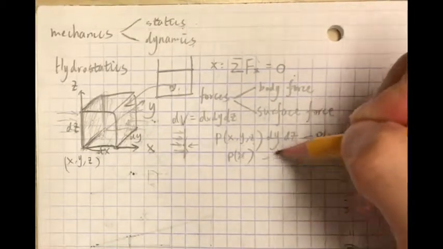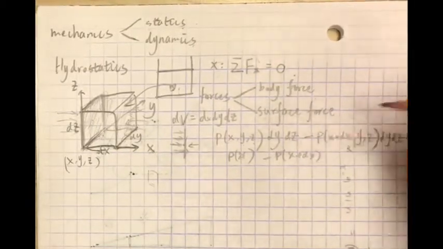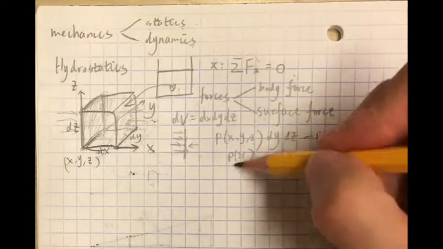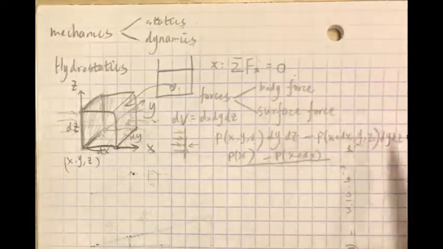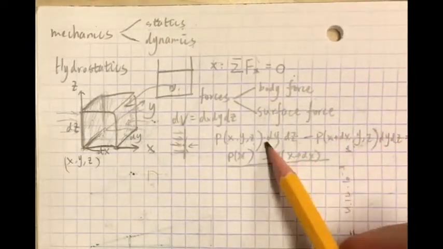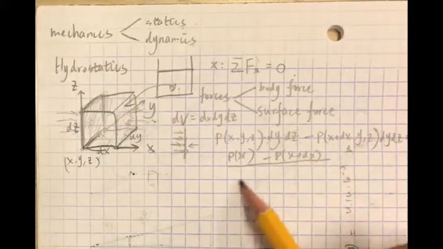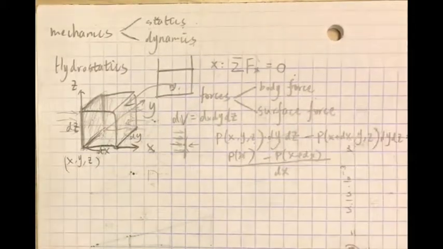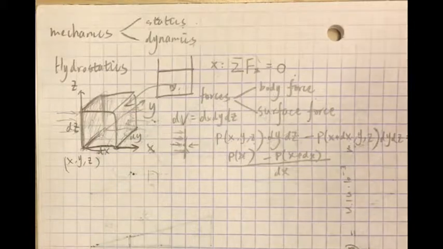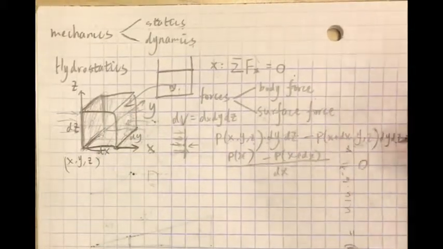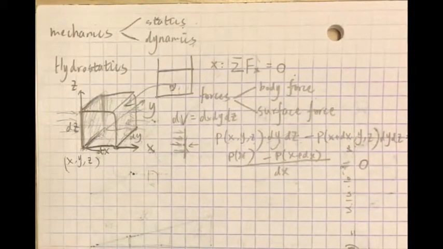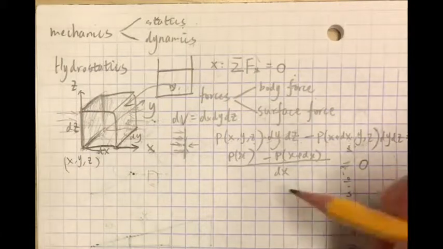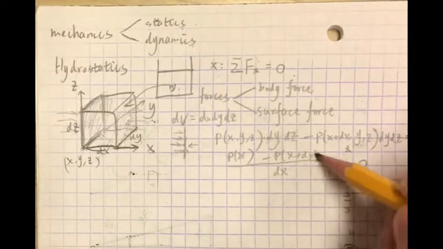minus px plus dx here. We divided both sides by dx dy dz. So dy dz are cancelled, and we are left with a dx in the denominator. So this is what we have, and this is equal to 0. As dx goes to 0, what is this thing?